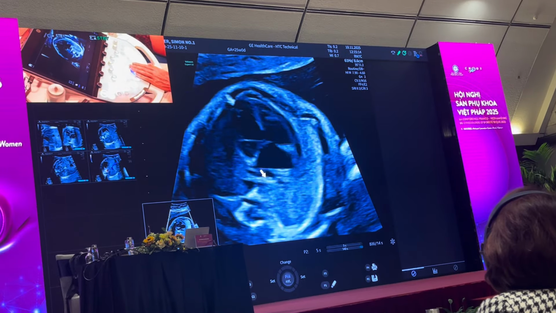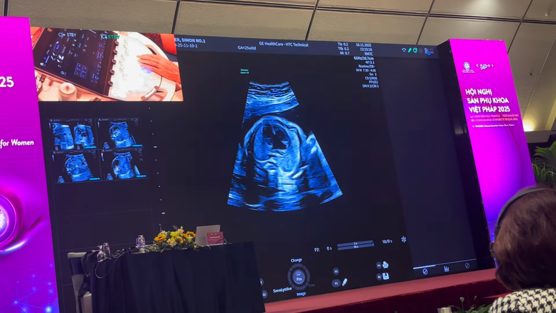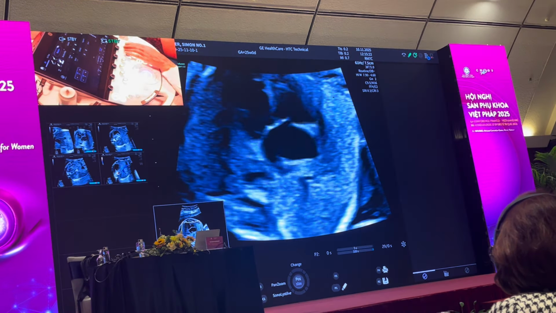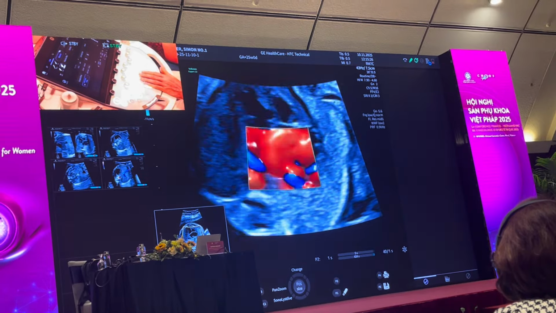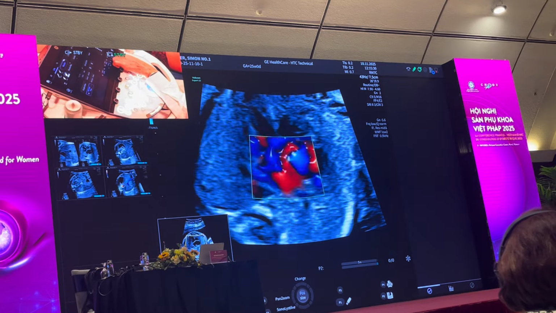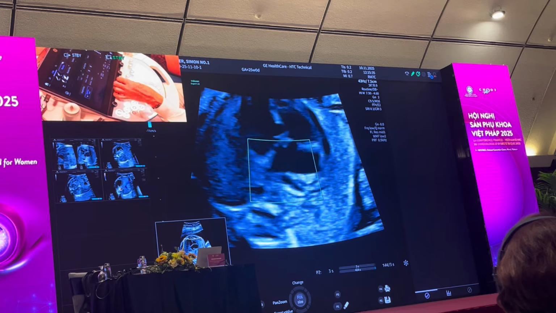When I'm looking at the pulmonary veins entering, I can start by looking at the pulmonary veins, and when I see the left atrium, I start off by looking at color. When I look at color, there's too much color. I need to pull back on my power output, and then pull back on my gain.